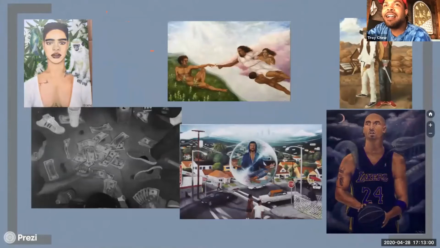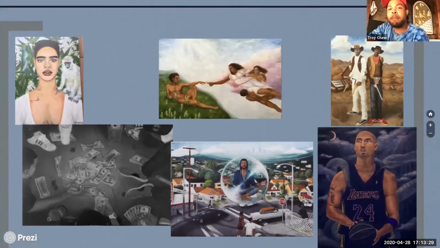And I was able to understand what I wanted to do and started to make works that were directly related to hip hop or Black culture. And some of these images, one or two are from before and the rest are from after. But next slide, please.